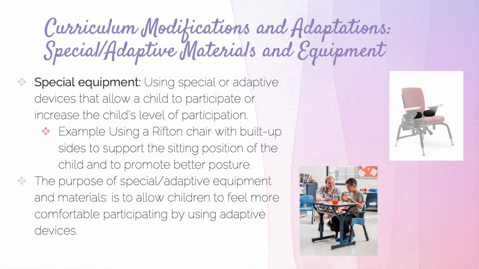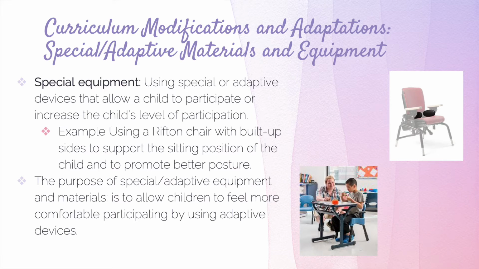The next thing we are going to discuss is special equipment, which has to do with adaptive devices that allow a child to participate or increase the child's level of participation. The purpose of using special or adaptive materials in the classroom is to allow children to feel more comfortable participating by using adaptive devices.